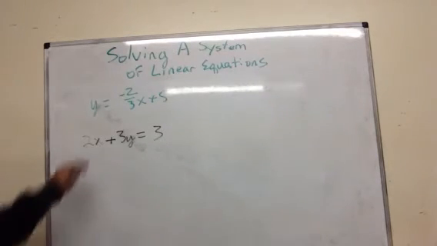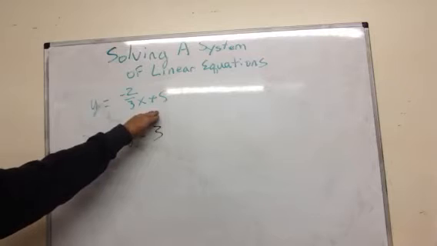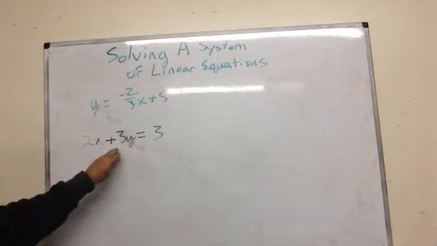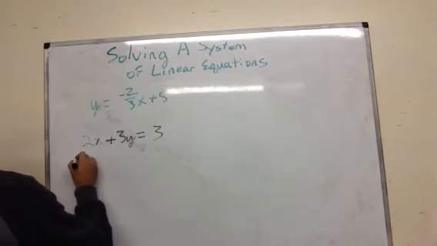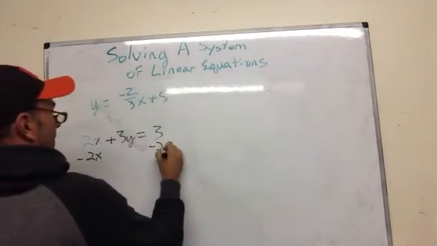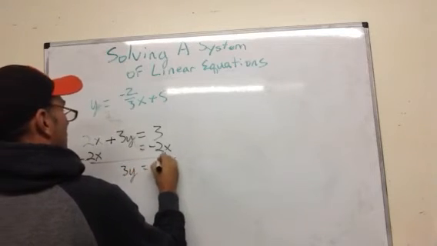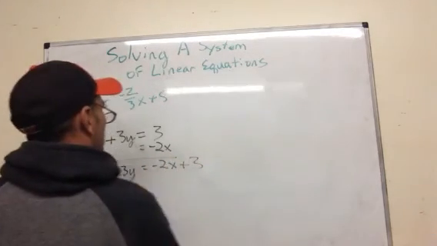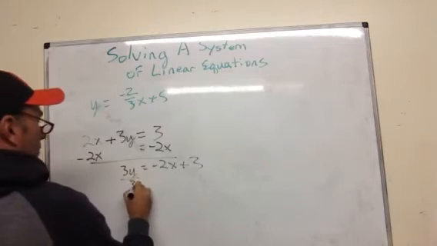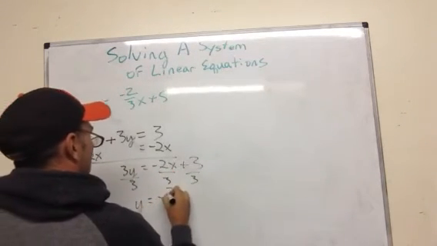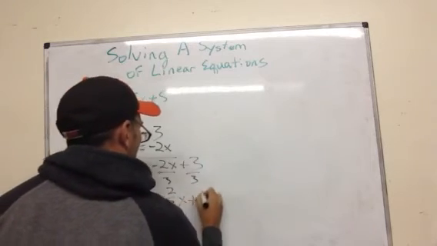Now, this first equation is in slope-intercept form. We can graph this. The second one is not. We have to change it. So I'm going to add negative 2x to both sides. End up with 3y equals negative 2x plus 3. Divide by 3. And I'm left with y equals negative 2/3 x plus 1.